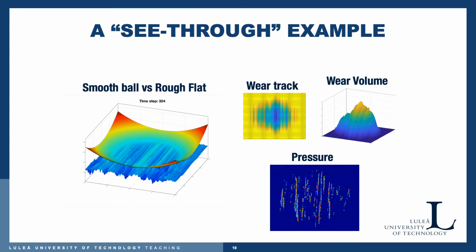We can also quantify the wear volume, and at that certain time step, or when we have decided to stop this simulation, we can also find the detailed information about the pressure, as down here.